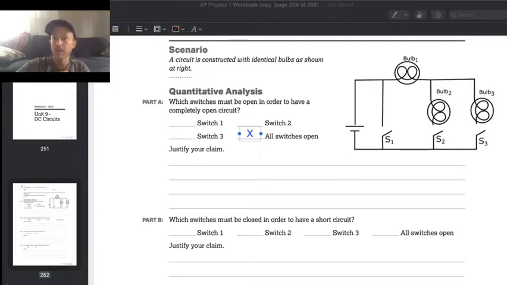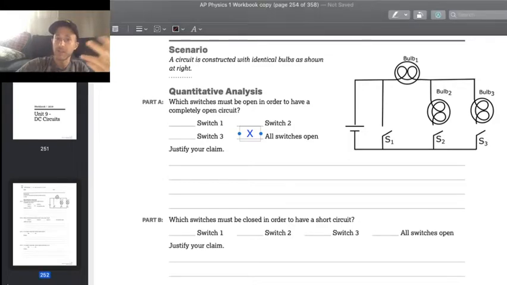That would be a path with resistance, the resistance of 2 bulbs. If we open switch 2 and close switch 3, again, the current can flow out the battery through bulb 1, through bulb 3, and back to the battery. That would be a pathway with resistance.